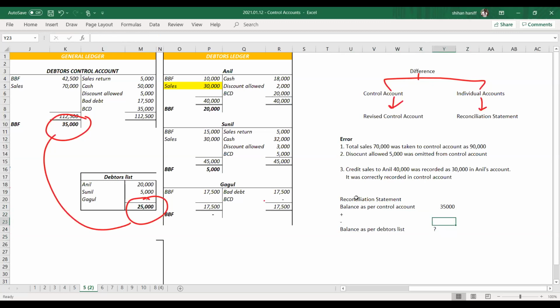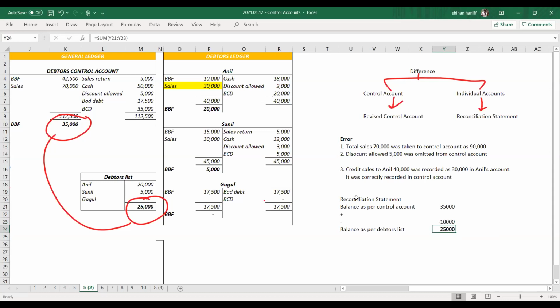what do you do? If credit sales 40,000 was recorded as 30,000, the debtors list balance is low. If they record 30,000 in the individual account, the debtors list balance will be low. Therefore, it will be deducted. Then your answer will be 25,000.